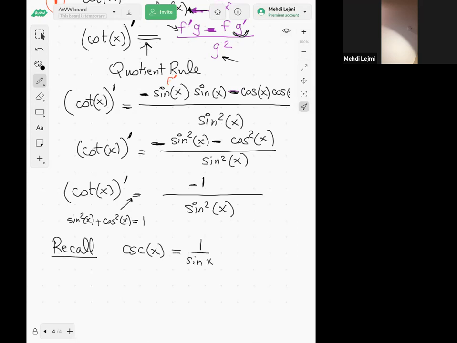If you square it, it's 1 over sine square, which is cosecant square. So it's minus cosecant square of x.